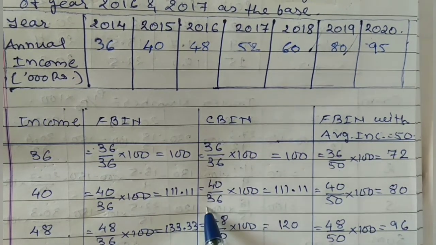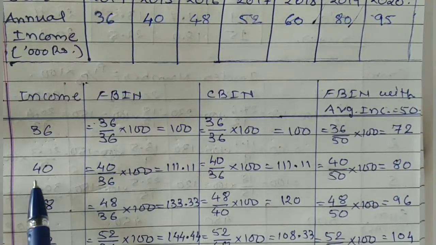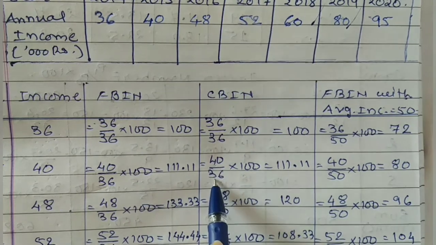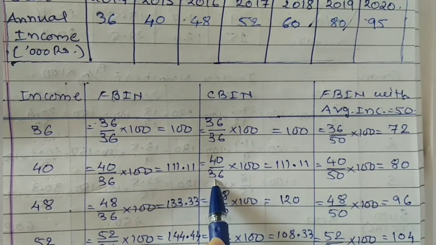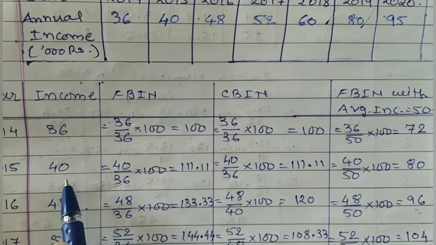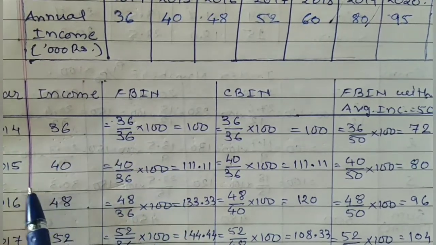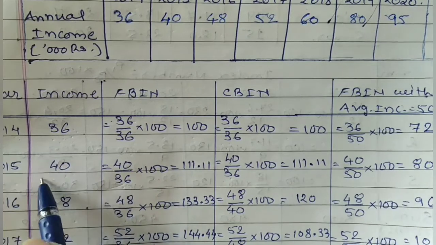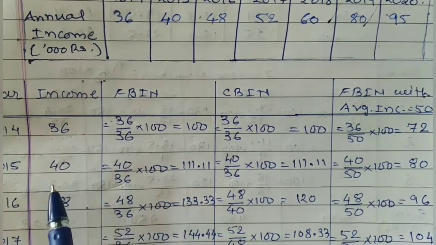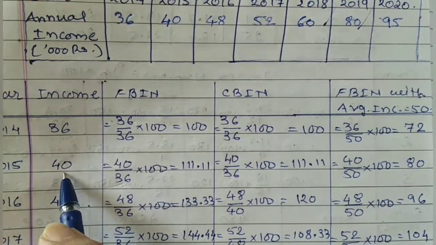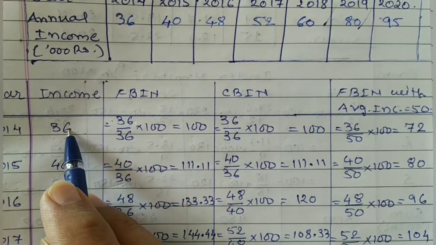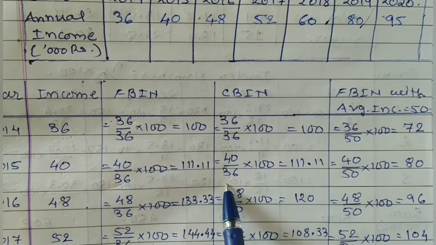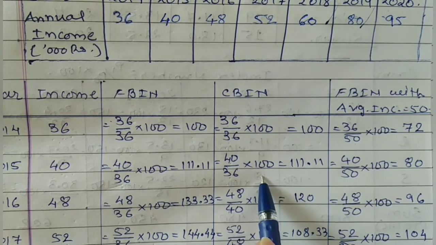For the next year, now it is important. Price of current year, that is 40, upon price of previous year. For 2015, the previous year is 2014 and the previous year's price is 36. That's why price of current year upon price of previous year into 100.